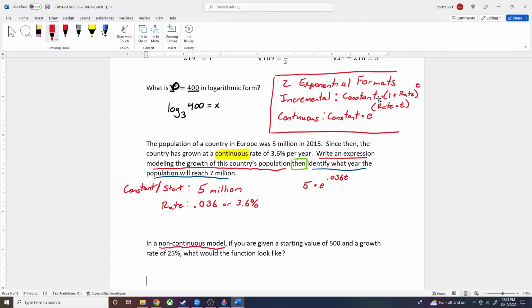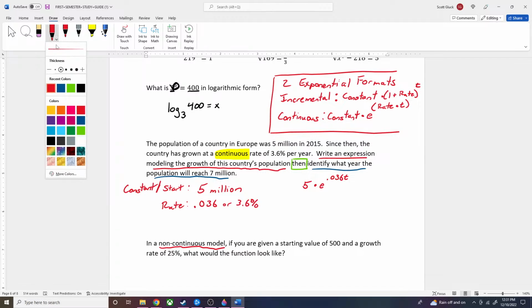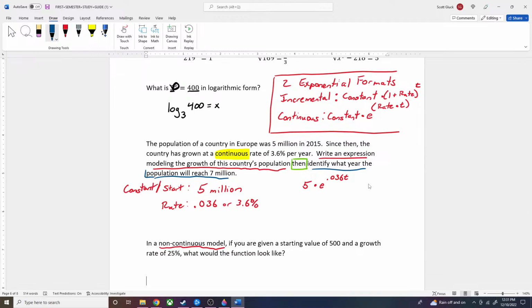Now, the blue side of this: identify what year the population will reach 7 million. That we have to go a couple steps further, because now what we're going to do is say, okay, I know the population that I want to reach. How long is it going to take to get there?